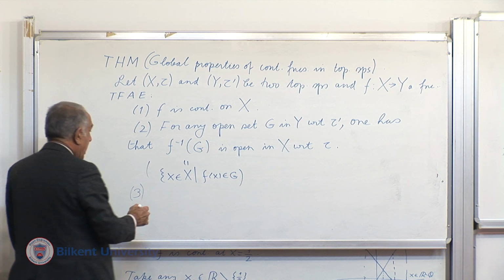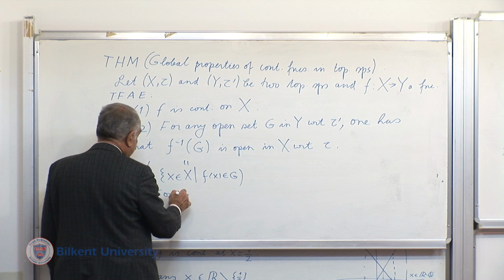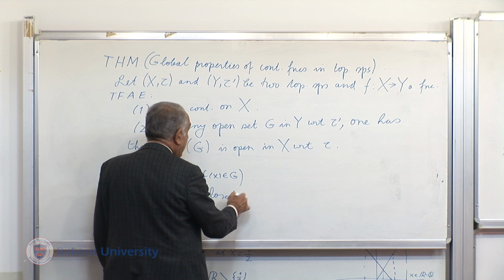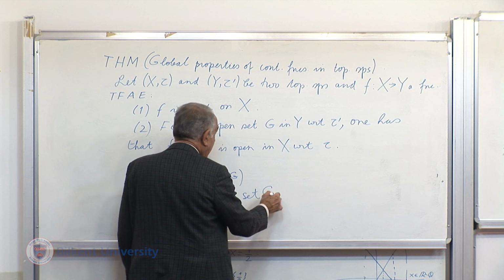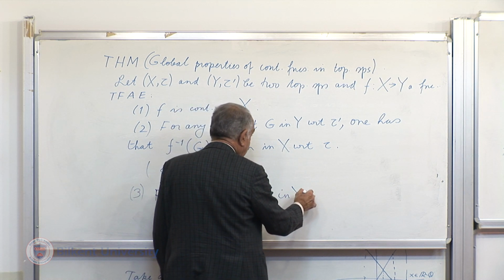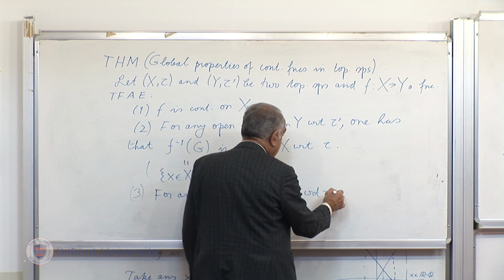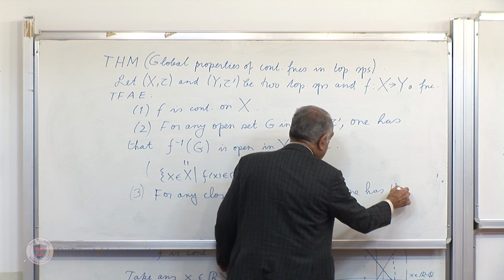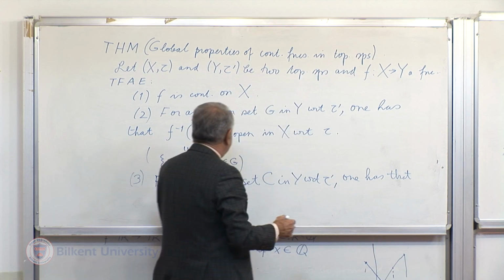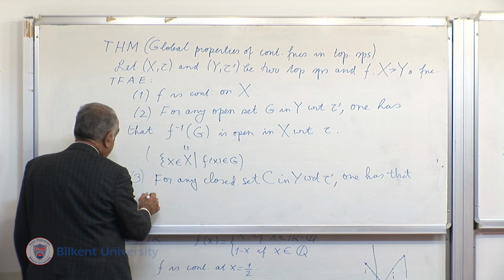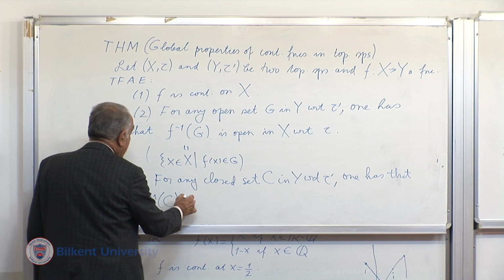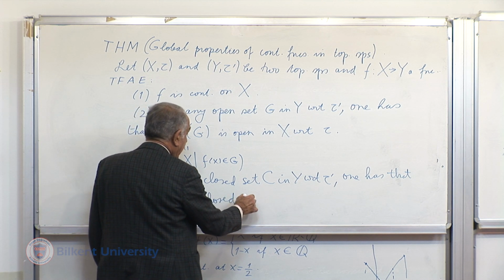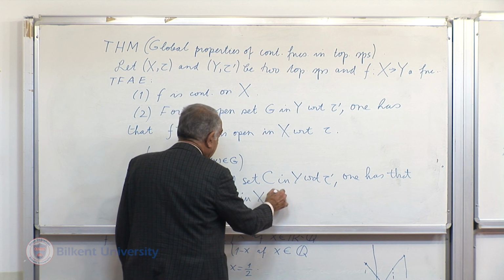Well, and it turns out for any closed set C in Y with respect to tau prime, one has that f inverse of C is closed in X with respect to tau.